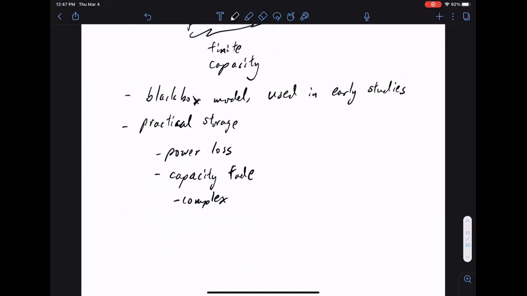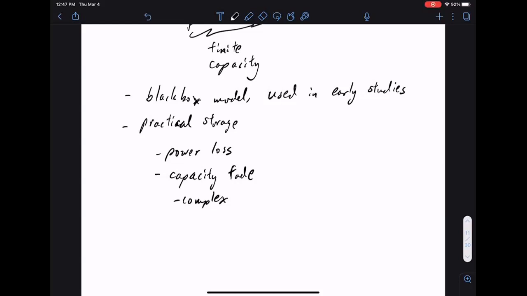For example, look at our buses, the King County buses. A lot of buses now are hybrid, so they have a battery. And often the question is, after I drive this bus for 2 years, how much capacity do I actually have in my battery? That's actually not very easy to figure out.